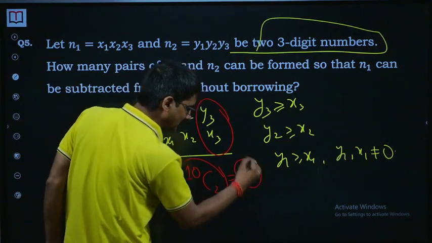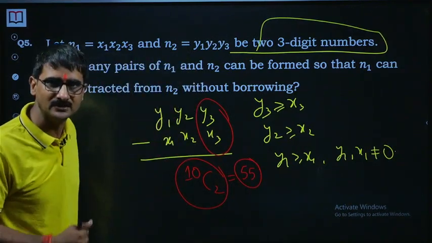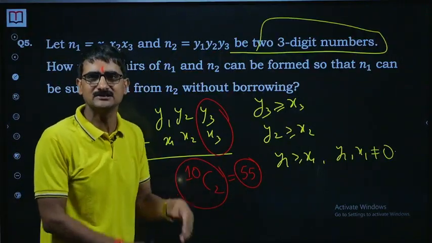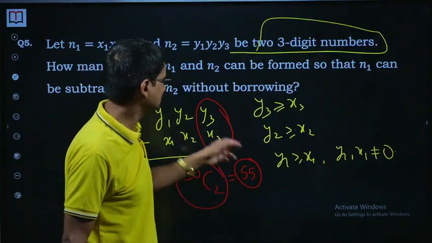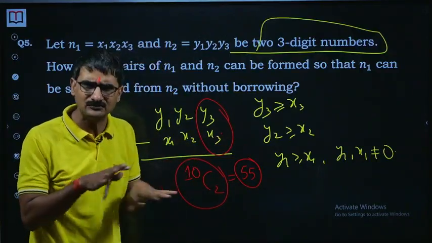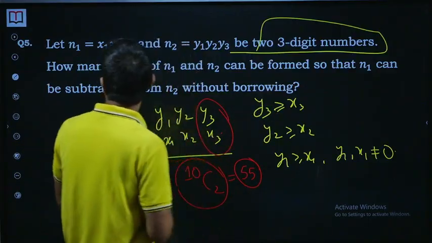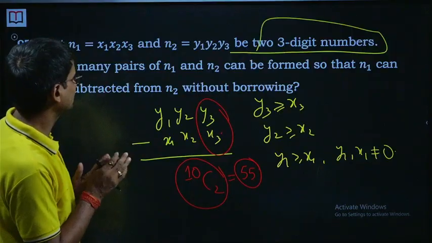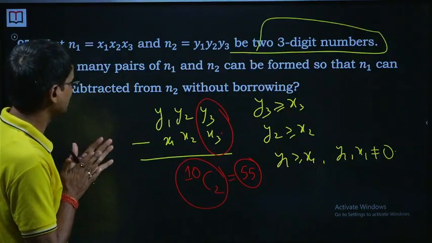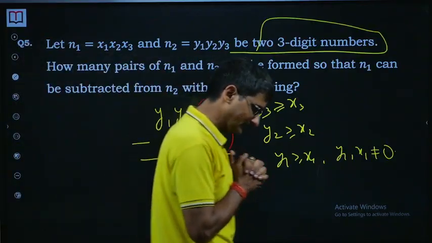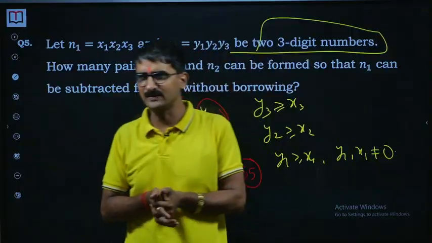See, we don't have a choice of arrangement. Why? The larger one, let's say you selected 5 and 7, this has to be 7 and this has to be 5. So you don't have a choice of arrangement. So 55. But then they can be equal also, because nothing is said that the digits should be non-same. If they are equal, then also it's fine, isn't that?